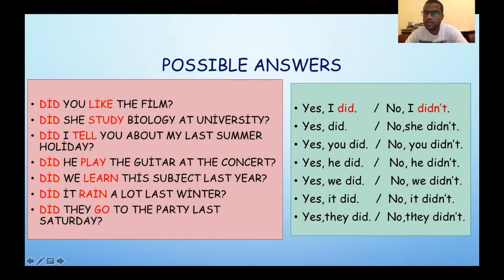Or no, they didn't. This is the simple past in question form, and these are short answers. You can say yes or no questions. Okay, good. We covered affirmative, negative, and how we make questions.